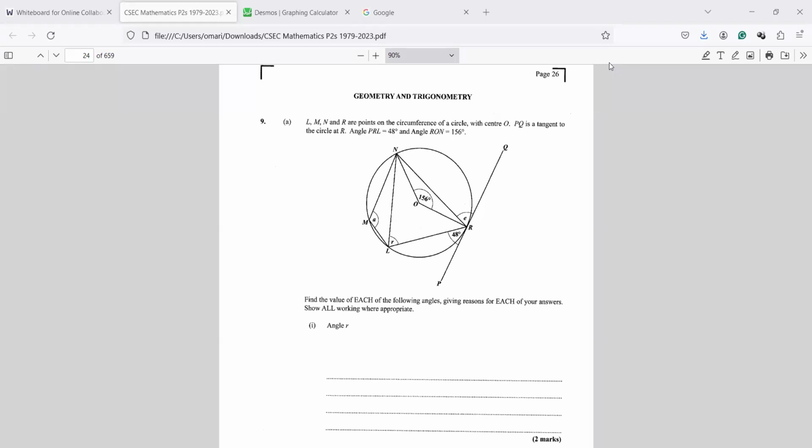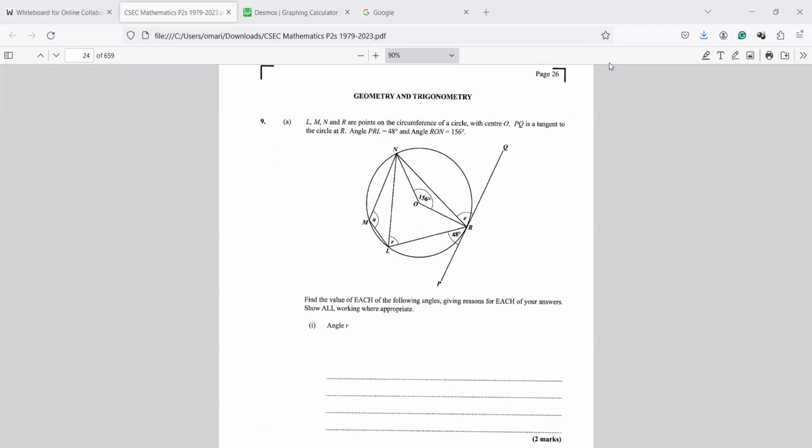It says that L, M, N, and R are points on the circumference of a circle with center O. PQ is a tangent to the circle at R. Angle PRL is equal to 48 degrees, and angle RON is 156 degrees. Find the value of each of the following angles, giving reasons for each of your answers, and you have to show all working where appropriate, right?